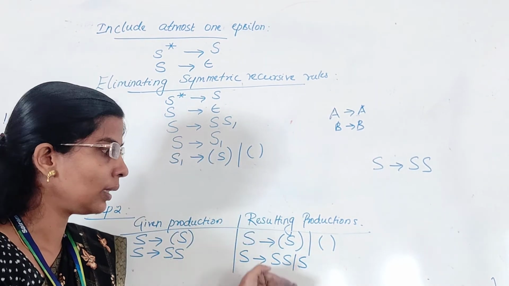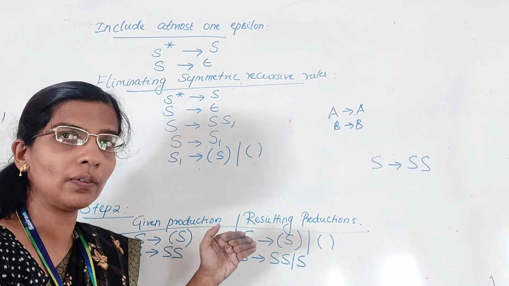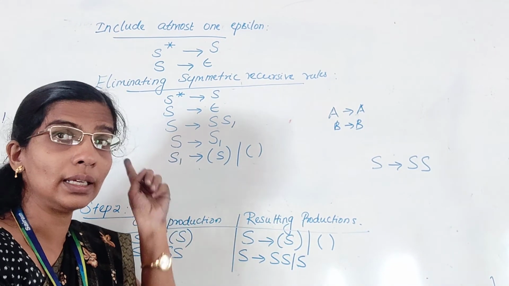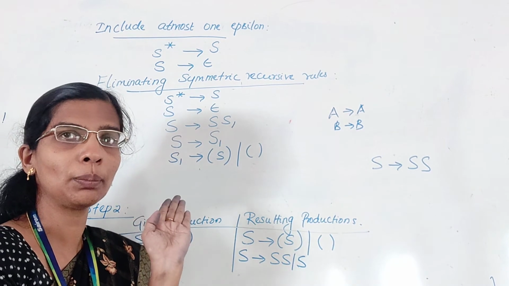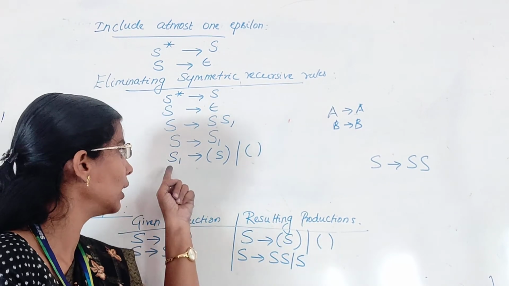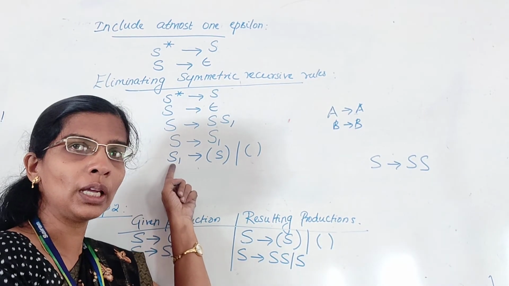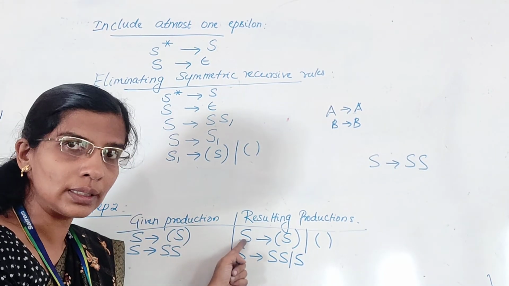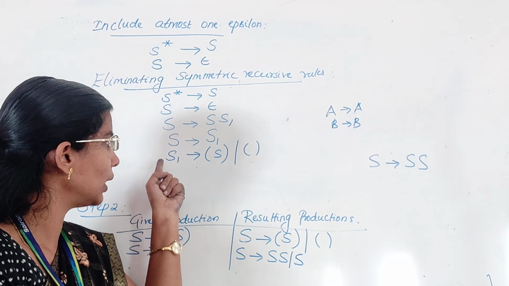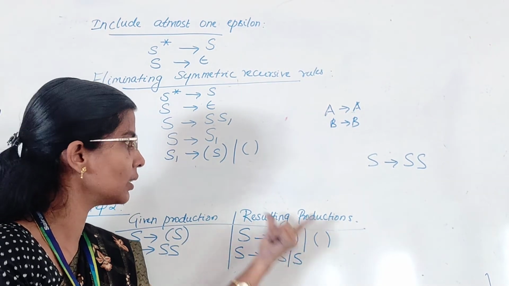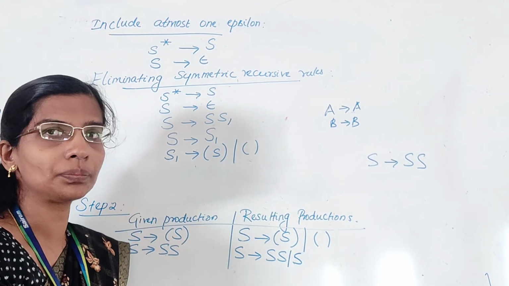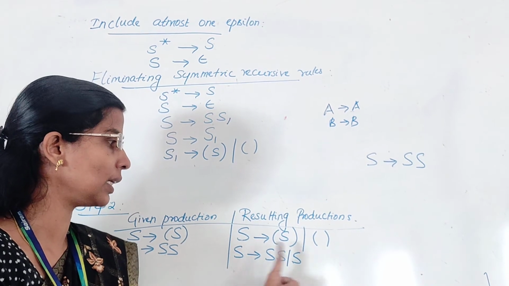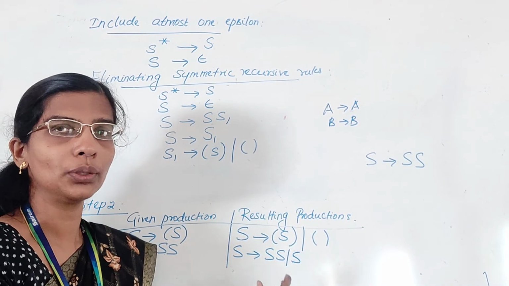Next, while writing the remaining production, wherever you see this S in LHS, please remember this, S in LHS, you have to use this new name S1. So here S is in LHS, so I am using the new name S1 tends to RHS, you write as it is. And here, since it is S tends to S, I am just ignoring.